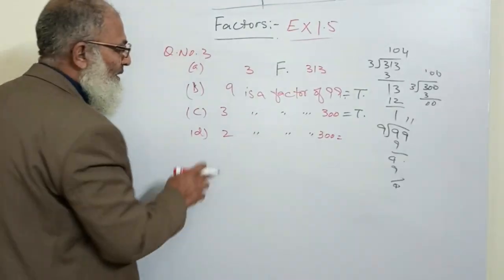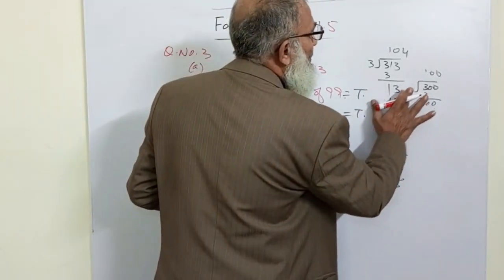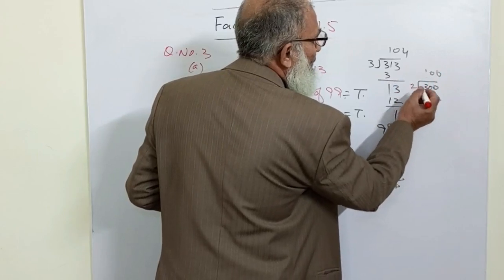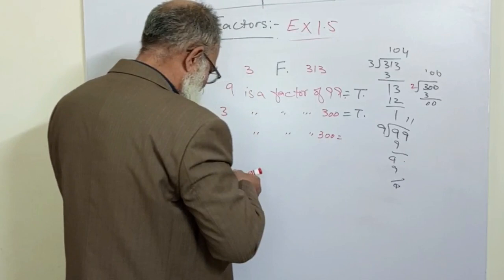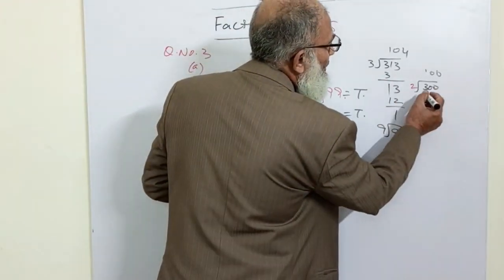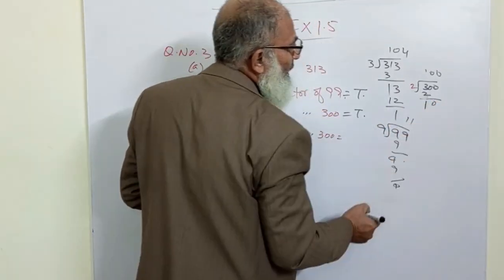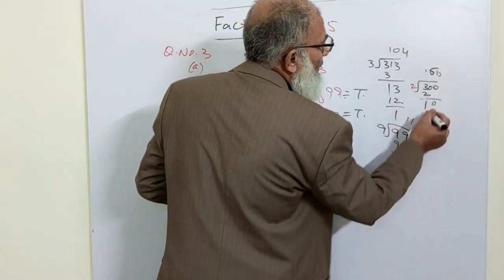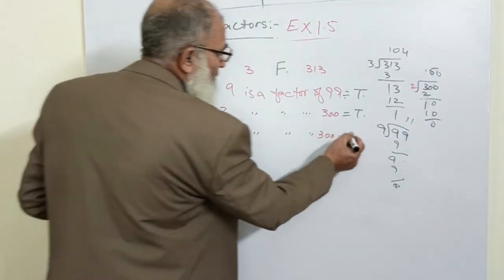So my statement says that this is true. I just check it for 2 again. 2 ones are 2, 1 comes out of here, 5, 10, 0 and put 0 over here. So that statement is true.